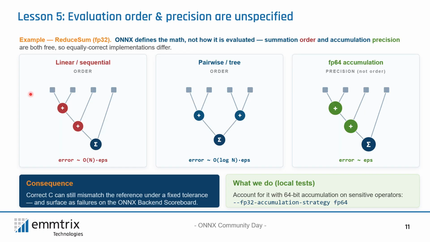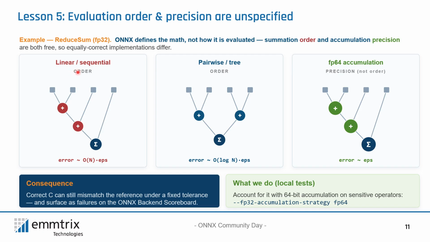The last lesson is that the evaluation order and precision are unspecified for all operators. So ONNX only defines the math, but not how something is evaluated. If we, for instance, take a look at a relatively simple operator, the ReduceSum, that sums up one dimension, there are at minimum three ways to implement it for 32-bit floating point.